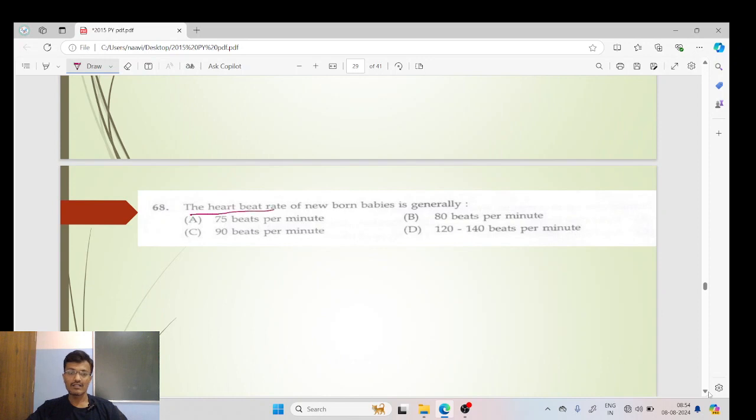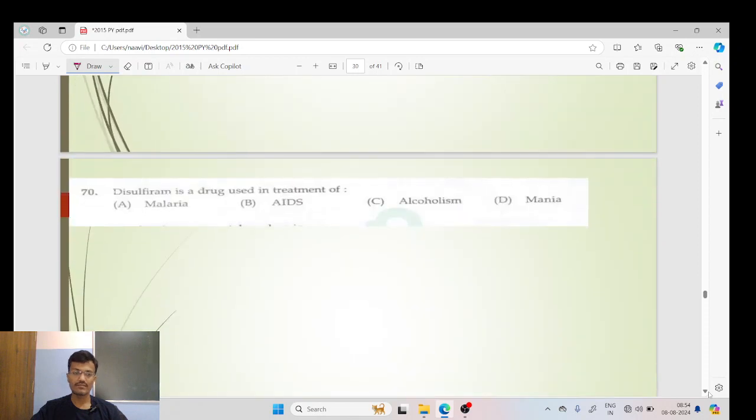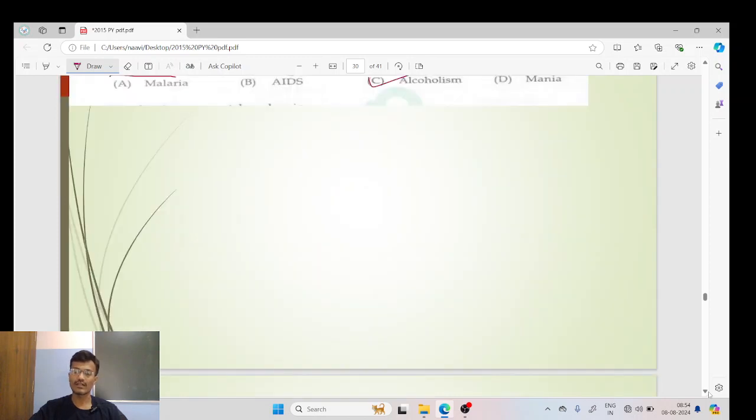The heartbeat rate in newborn babies is generally 120 to 140 beats per minute. Disulfiram is a drug used for the treatment of alcoholism. That is the right answer.